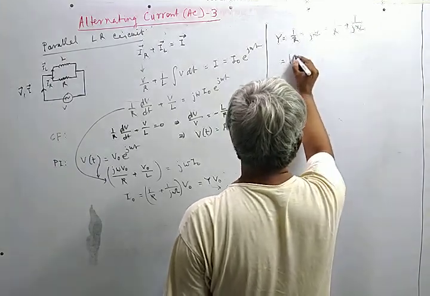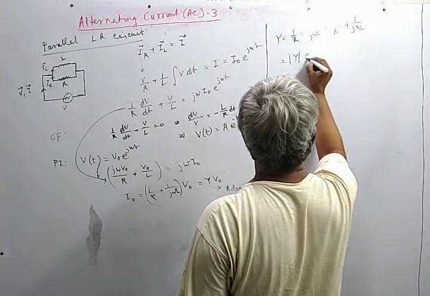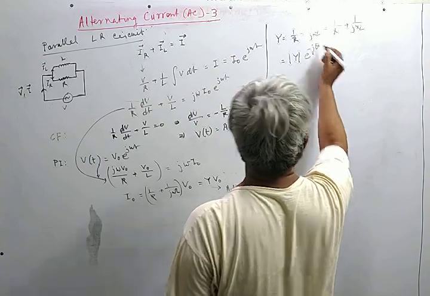We write it as, because this will be minus, we write it as minus j theta.